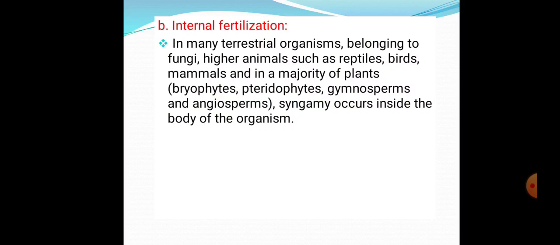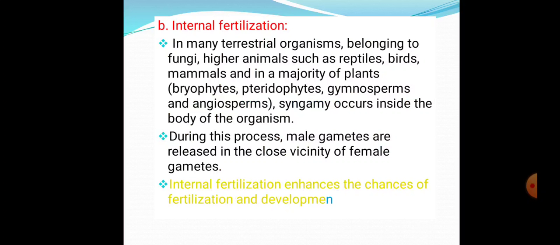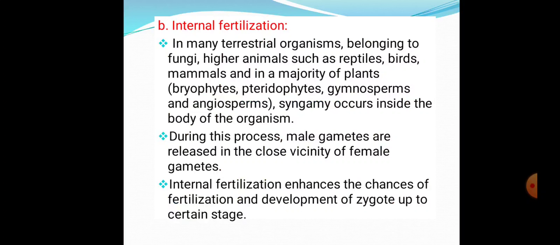So that is called internal fertilization. During internal fertilization, the male gametes are released in the close vicinity of female gametes, that is nearer to the female gametes. Internal fertilization enhances the chances of fertilization and development of zygote up to a certain stage.